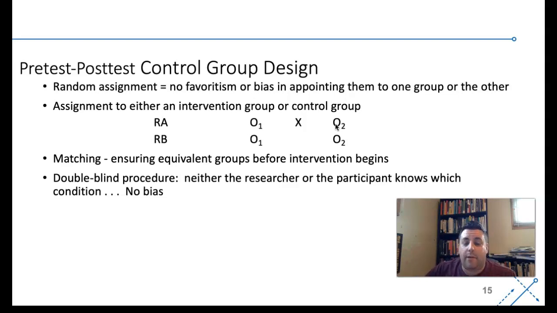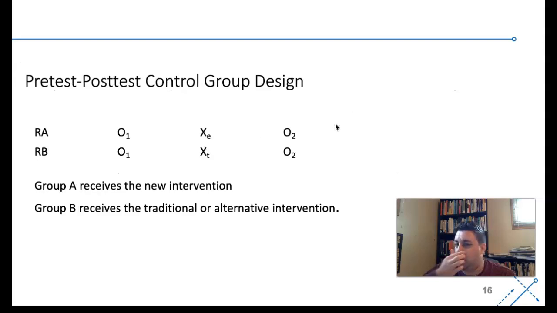Why do we like double blinding? Well, because then the person delivering the intervention doesn't know what it is they're doing, and they don't accidentally reveal something to the participant. So it's just a way to control some unintentional bias.